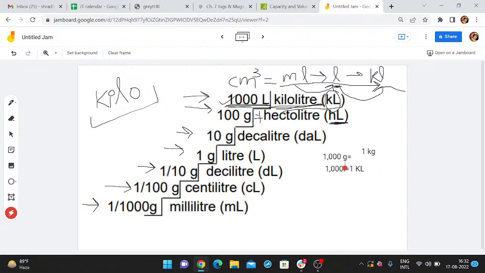Can we say that? Because if 1000 grams is 1 kilogram and 1000 liters is 1 kiloliter, can we say 1 gram is 1 liter?